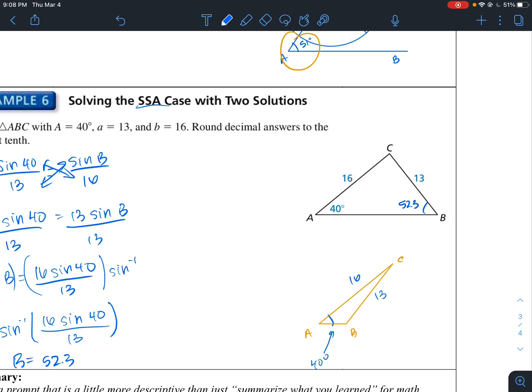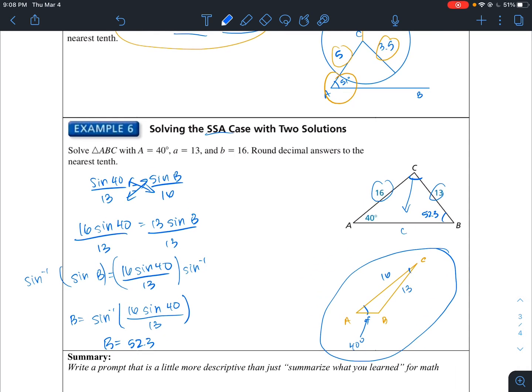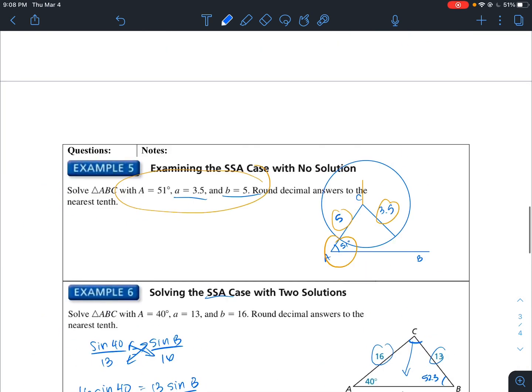And you could find the remaining angle right there by using the sum theorem, and then you can use the law of sines again to find the side opposite from angle C. And then you just use the same methods here. It's just that your angle for angle C and your side length for side length C will be different, okay? And that's how you get two sets of solutions.